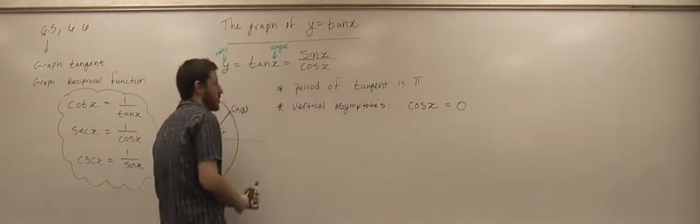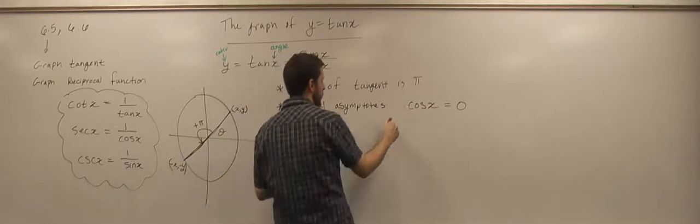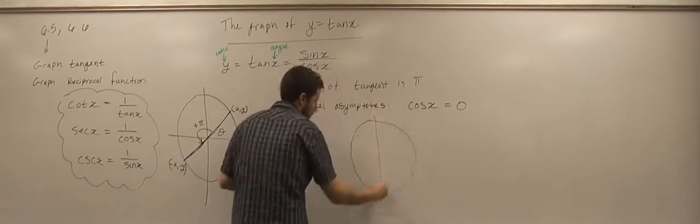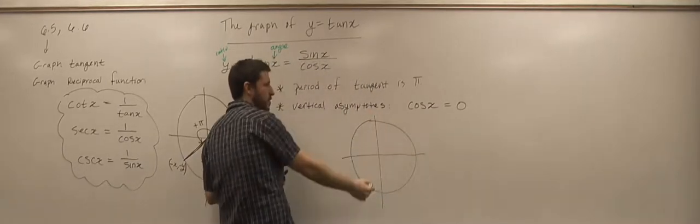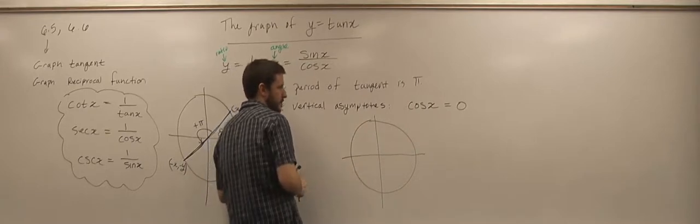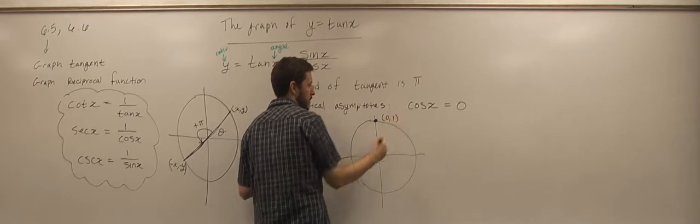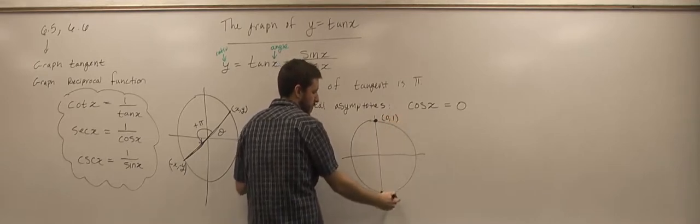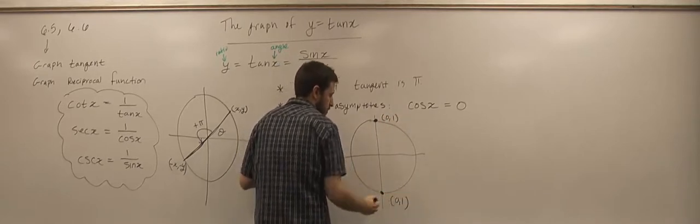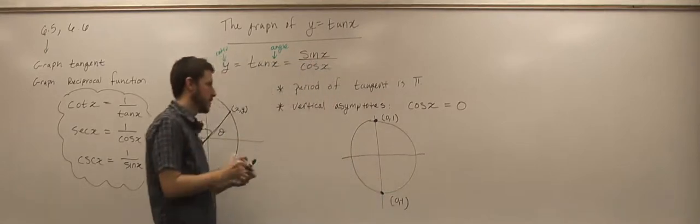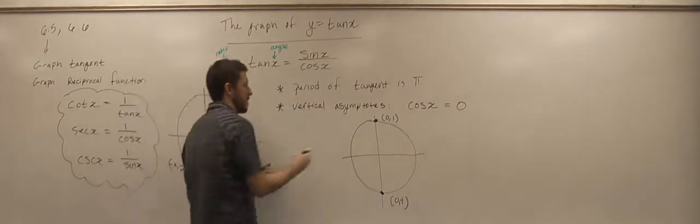So coming back to a handy picture of my unit circle, where's the x value on my unit circle going to be 0? Up here, that's where cosine is 0, or down here. So what angles are those at?